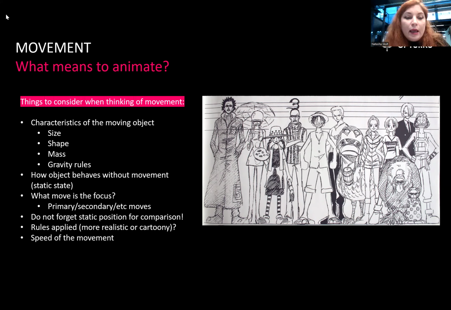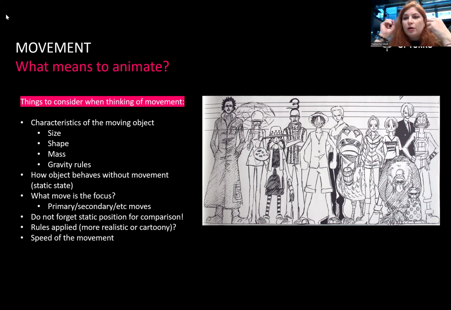And the movements overall usually have a primary, secondary, and many other movements, and we will see how that also affects things. So usually you have the main movement. For example, again, a bouncing ball. It's bouncing, that's its main movement.